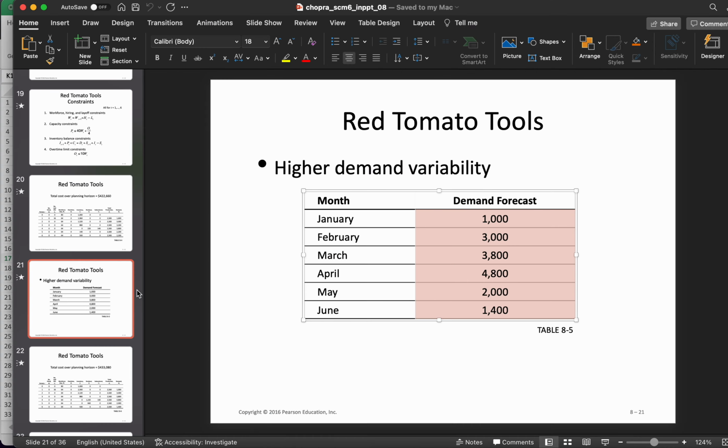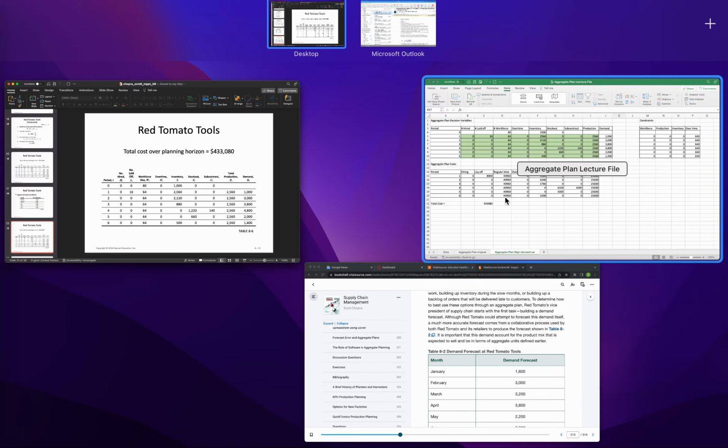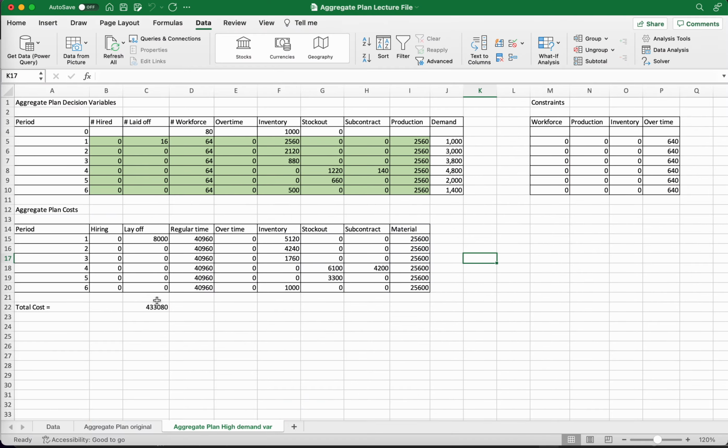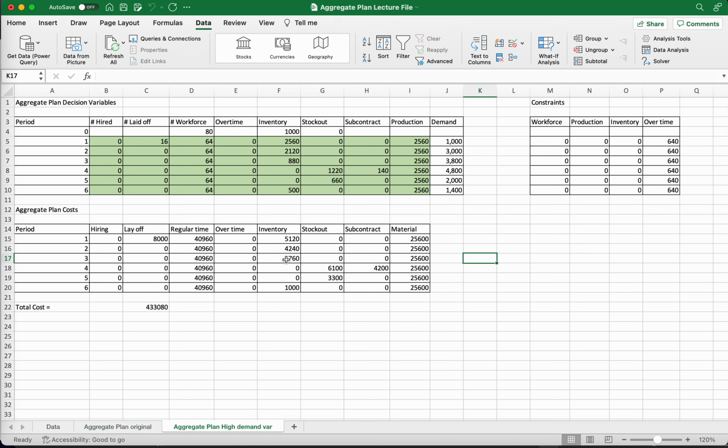Oh yeah, it is the same answer, but the main difference here is that the cost does go up. Even though you still fire 16 people, what you should notice here is that you are more likely to stock out than in the case where you have this, and the total inventory that you hold is much higher.